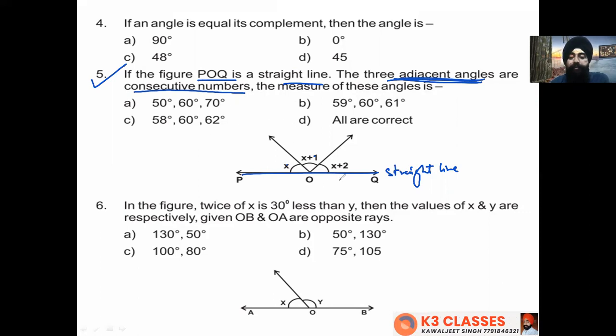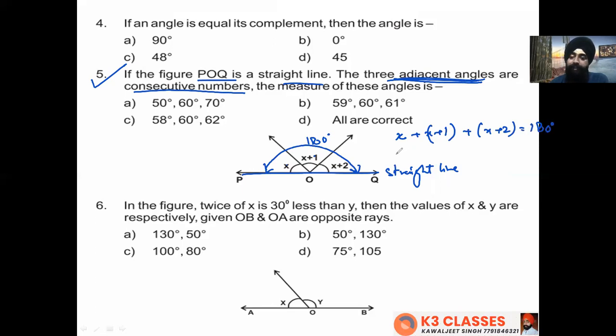We know that POQ is a straight line. That means the entire angle formed on the vertex O with the arms OP and OQ is 180 degree, and these three angles sum to 180 degree. That means x plus x plus 1 plus x plus 2 is equal to 180 degree.